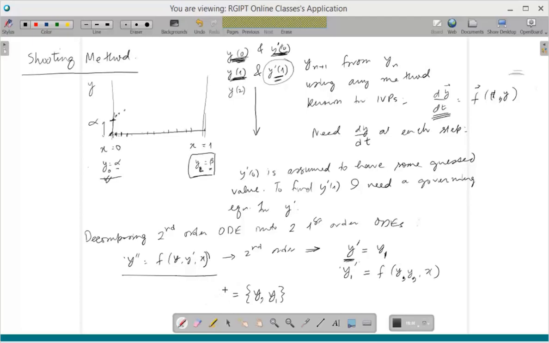I can represent it by some vector, call it z.